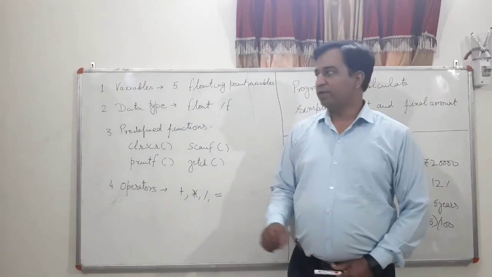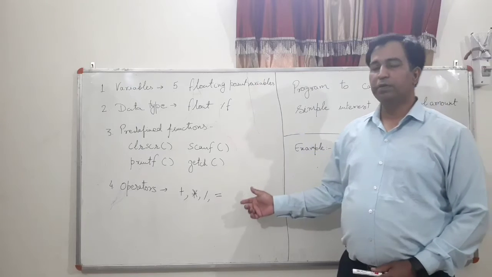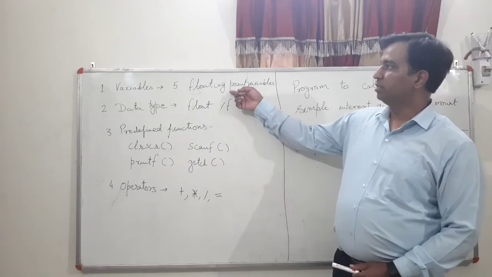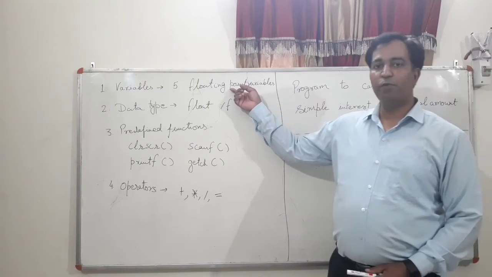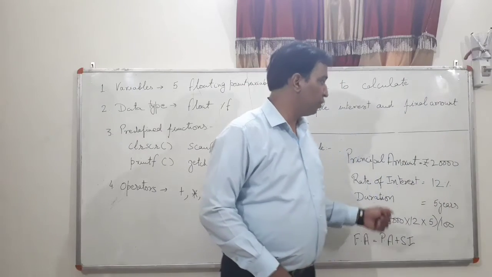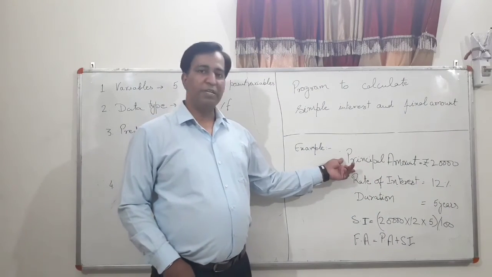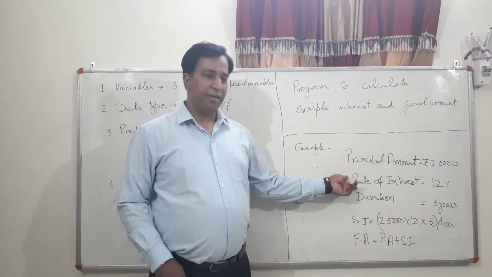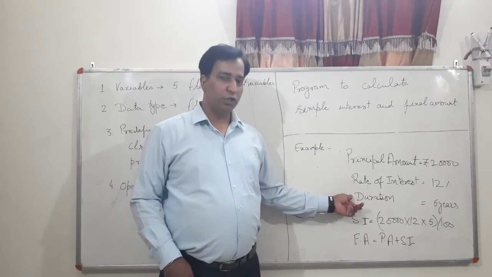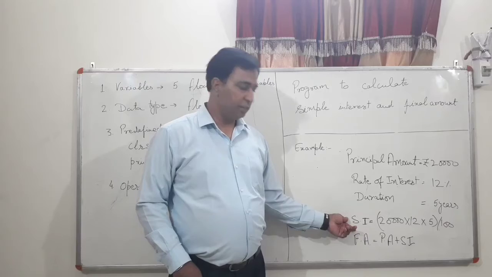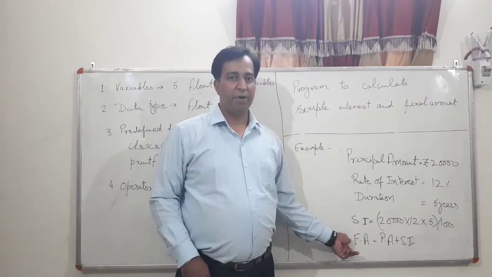For this program, we are going to use all these concepts. One is variables. We will be needing 5 floating point variables. Why 5 floating point variables? One is for principal amount, one for rate of interest, one for duration, one for simple interest, and one for final amount, right?